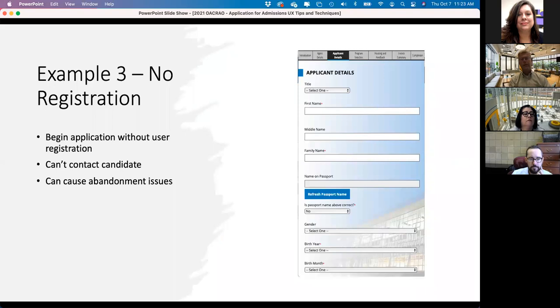The third example I wanted to talk about is no user registration. This was very similar to what Rose State College had at the beginning, where you start by filling out the application, and then at some point you can save your user profile and save the application as it's in process.